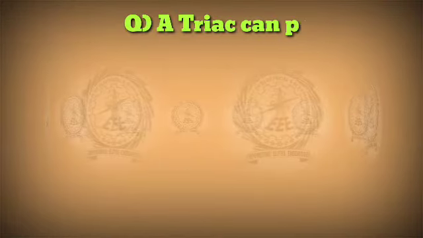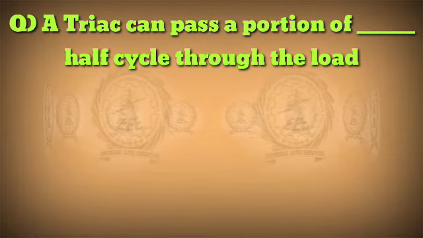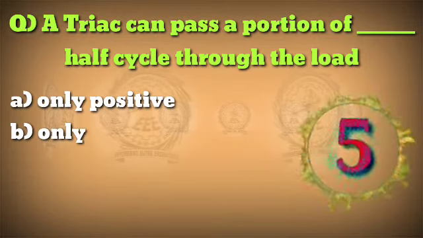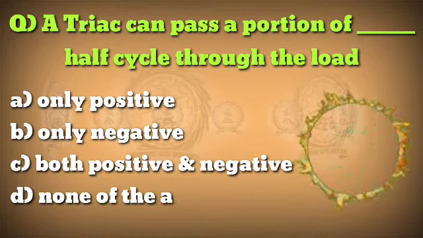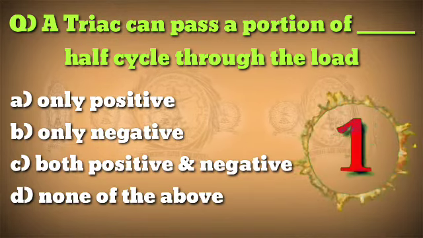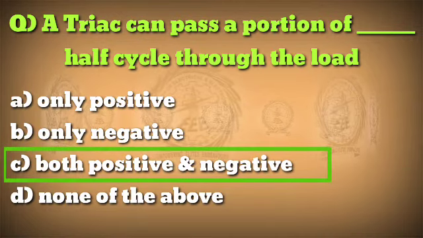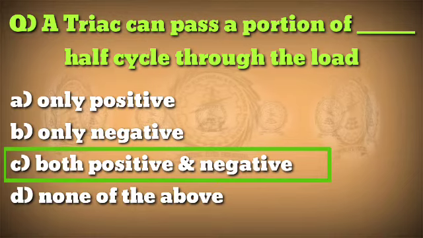Next one: a triac can pass a portion of dash half cycle through the load. A, only positive, B, only negative, C, both positive and negative, D, none of the above. The answer is C, both positive and negative, because triac is a bidirectional device.